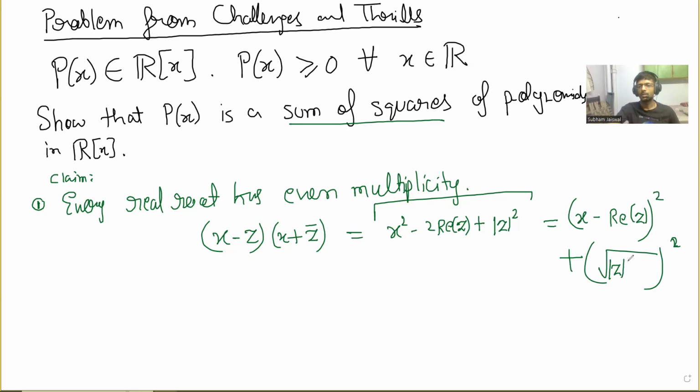Then this is a sum of squares, and you use the fact that a product of sums of squares is a sum of squares. So basically we prove it for quadratics, and use the fact that real roots have even multiplicity. So then this follows.